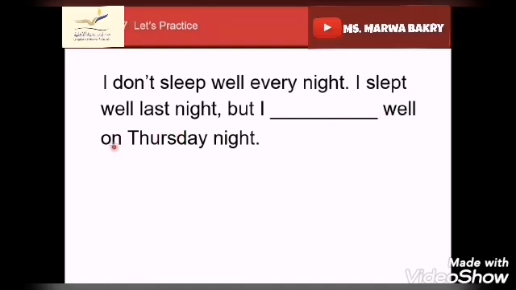Well on Thursday night, but I, negative form, excellent, didn't sleep. Also here, my students, we can't say didn't slept, because we said before that after didn't, we must use the infinitive form of the verb, okay?